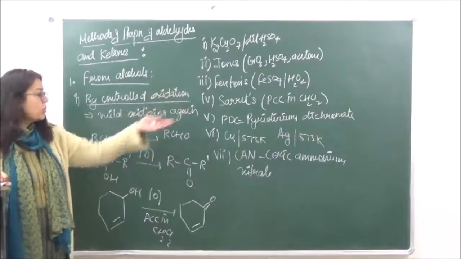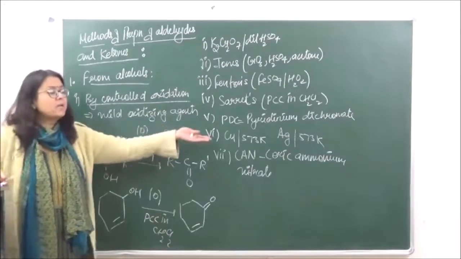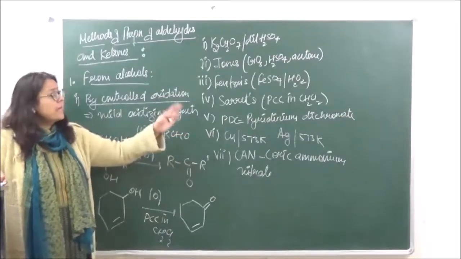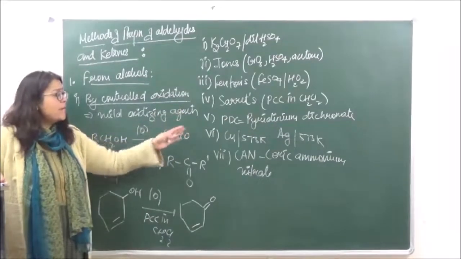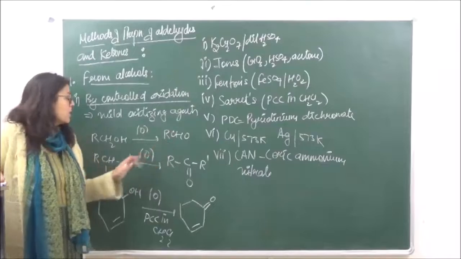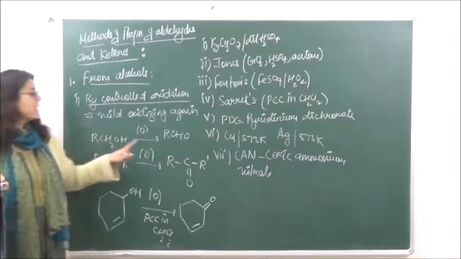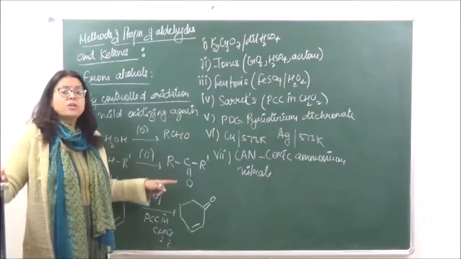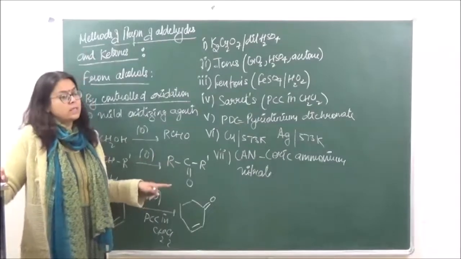If you use strong oxidizing agents, the aldehydes will be easily converted to acids. So the main purpose of using mild oxidizing agents is that the reaction stops at the formation of aldehydes, and the aldehydes are not further oxidized to acids.